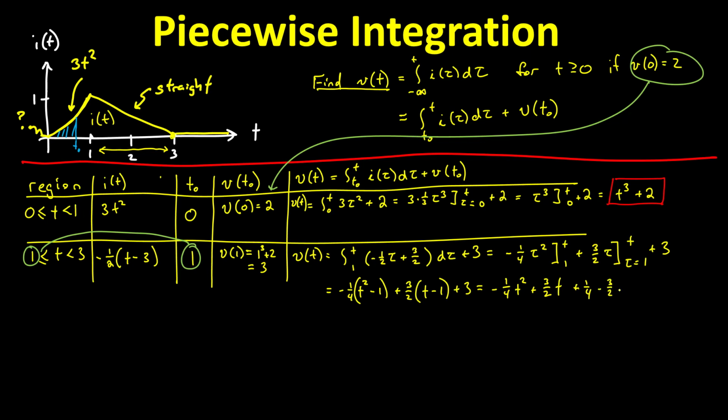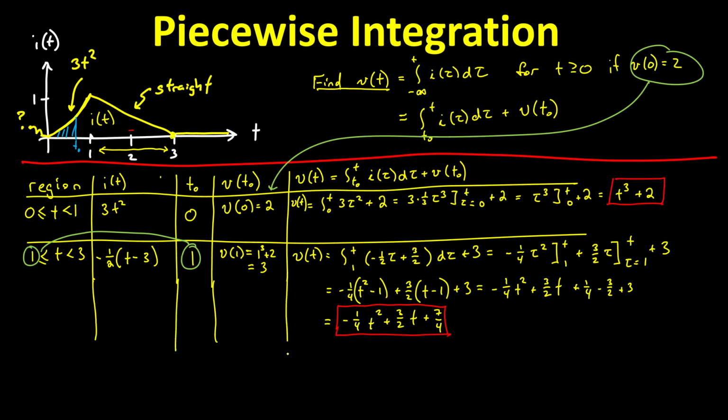And this last part is going to give us plus 3. So all this is equal to minus 1/4 t squared plus 3/2 t plus 7/4. And that's the answer for the amount of area underneath this curve anywhere in this region when we start our integration all the way off at negative infinity.